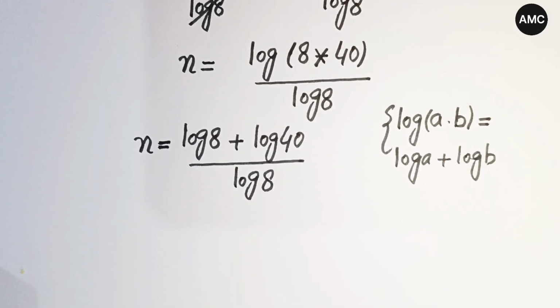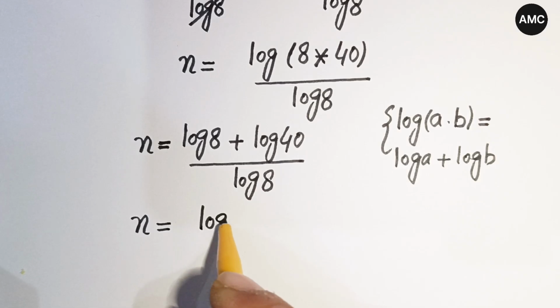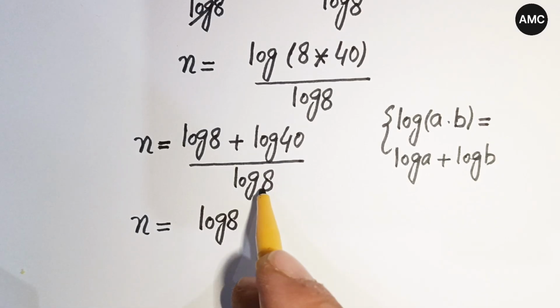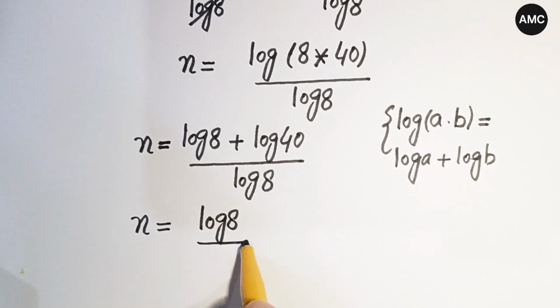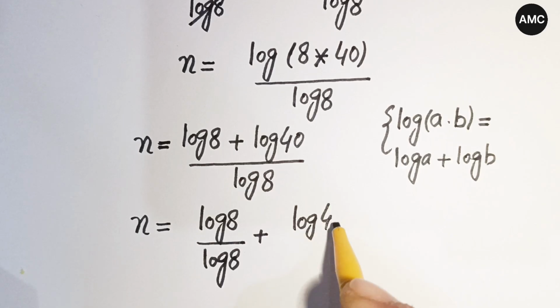Next, we can write this denominator separately with each term. Then we have log 8 over log 8 plus log 40 over log 8.